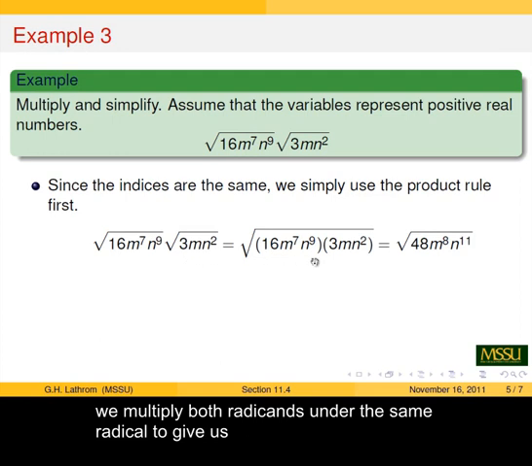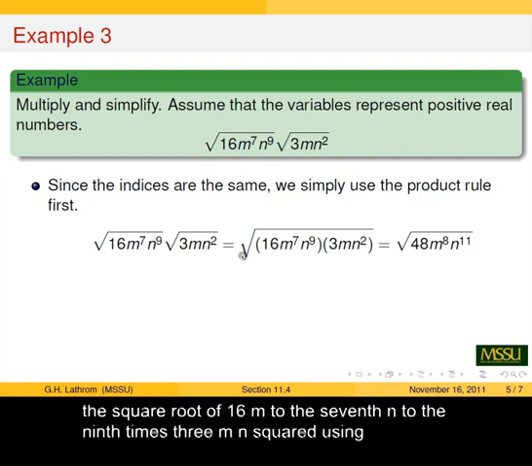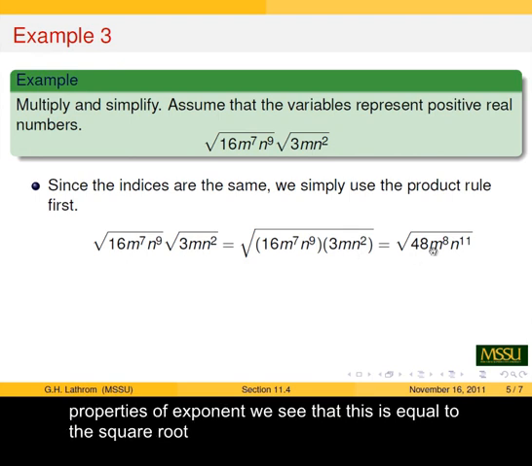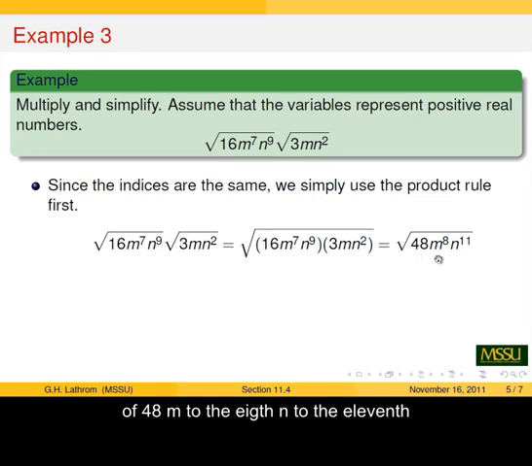We multiply both radicands under the same radical to give us the square root of 16m to the 7th n to the 9th times 3mn squared. Using properties of exponents, this is equal to the square root of 48 m to the 8th n to the 11th.